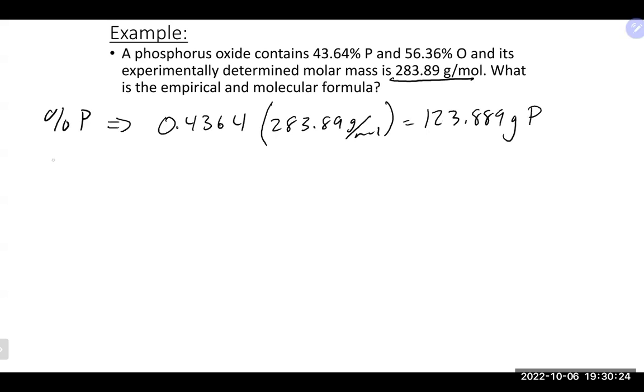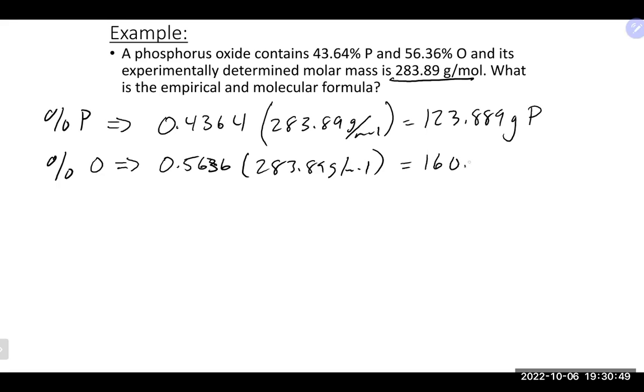We could also do the same thing for the percentage of oxygen. We could convert it into a decimal and times it by the molar mass of the entire compound. That will give us the amount of grams of oxygen out of that 283, which in this case would be about 160 grams of oxygen.